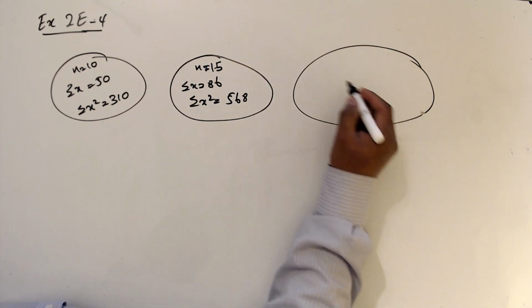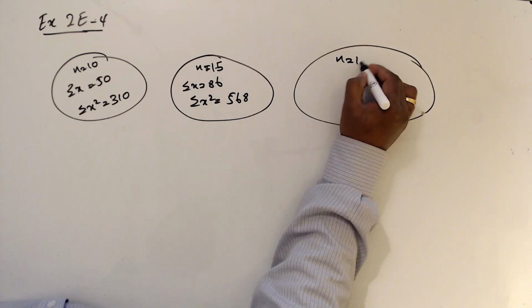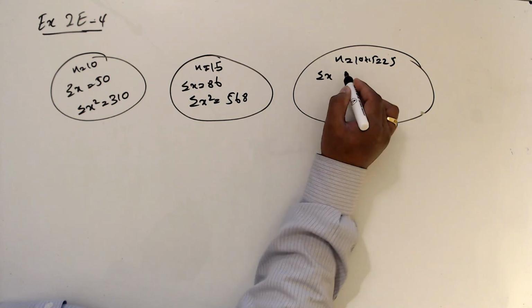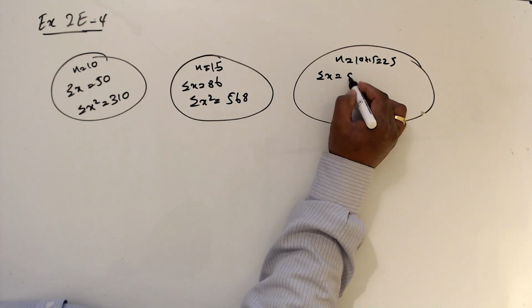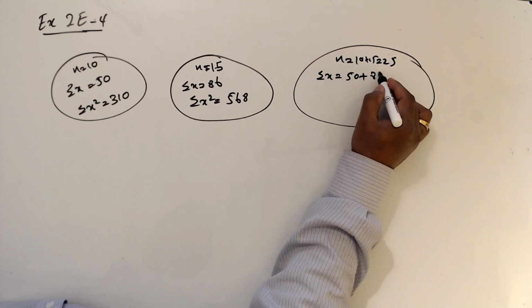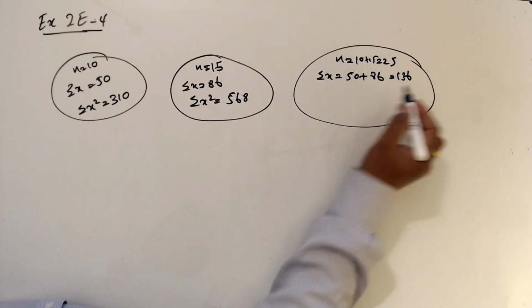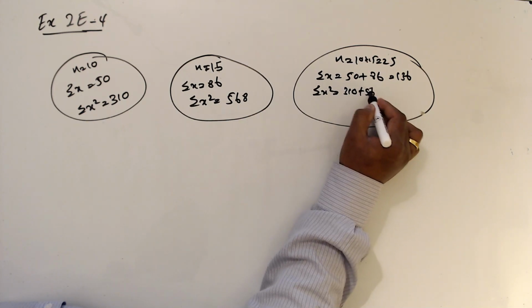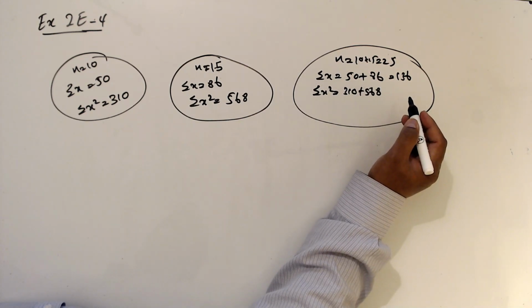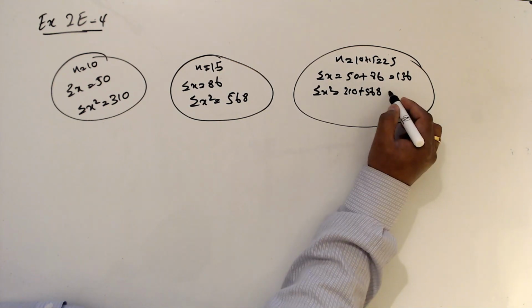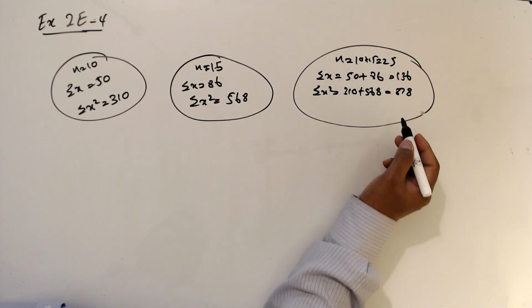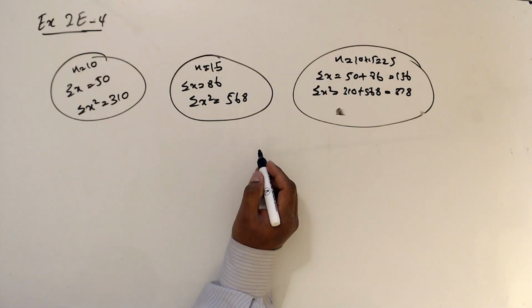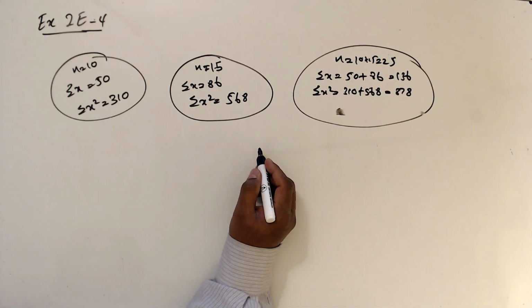When we combine these, n is going to be 10 plus 15, 25, and then summation x is going to be 50 plus 86, and summation x square going to be 310 and 568, which is 878, and n equal 25. Now we can work out. We need to find the mean and standard deviation.